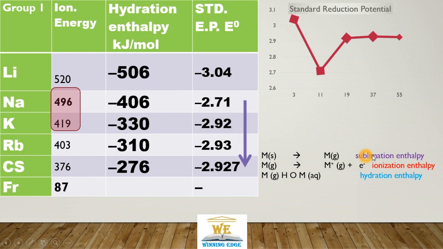The summation of sublimation enthalpy, ionization enthalpy, and hydration enthalpy makes the reaction more spontaneous than in the sodium case. So that's why it has a still lower standard electrode potential than sodium. The remaining two elements are almost similar to potassium. So potassium, rubidium, and cesium have nearly similar standard electrode potentials.